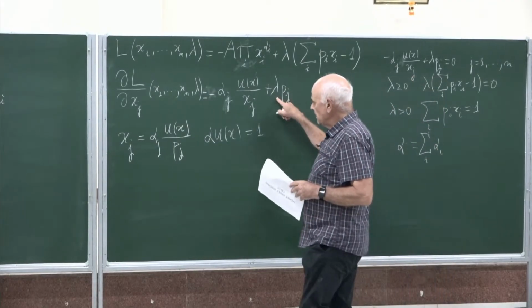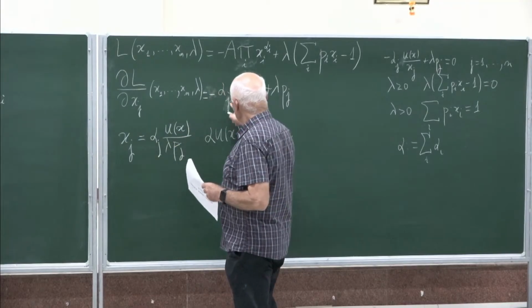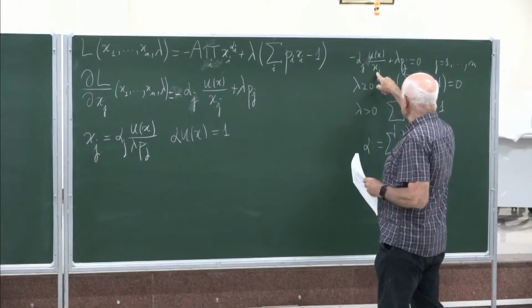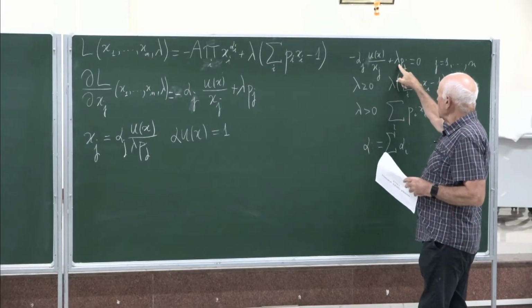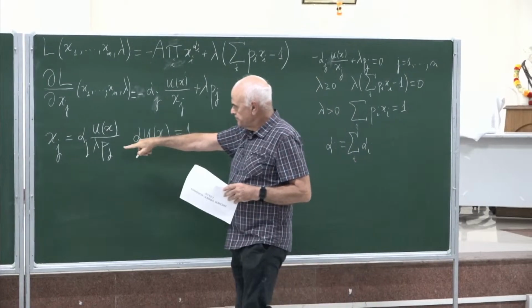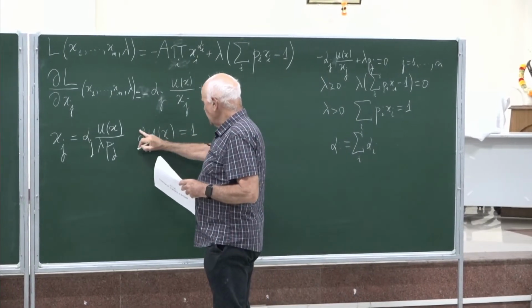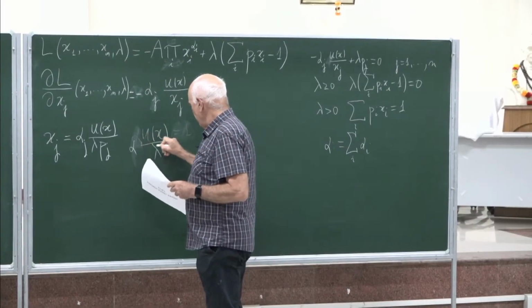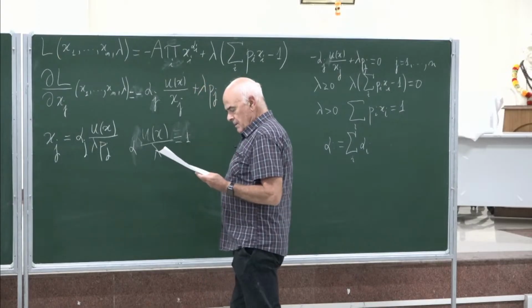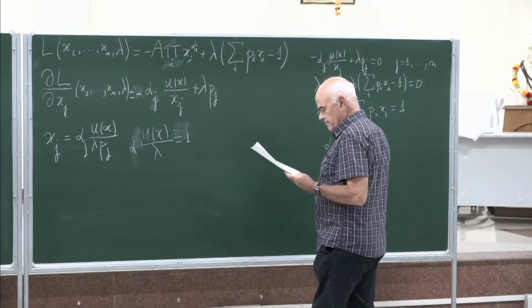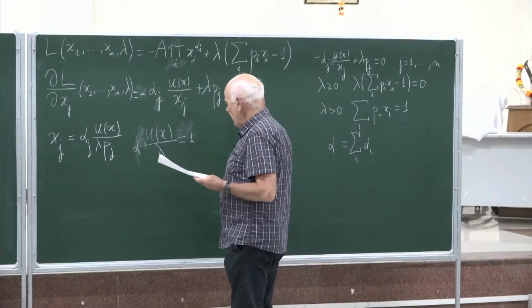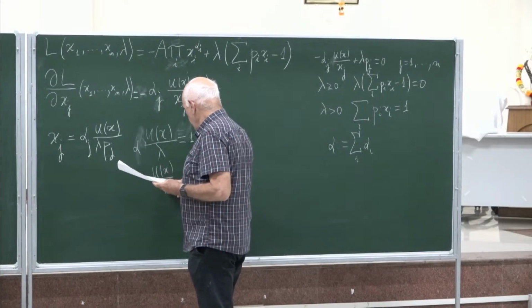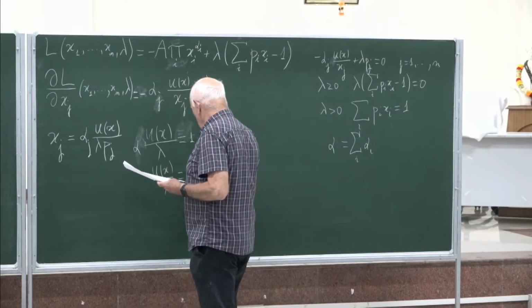I forgot this lambda. When I solve this equation, I forgot to divide by lambda. So now it's alpha u of x divided by lambda is equal to 1. So u of x divided by lambda is 1 over alpha.